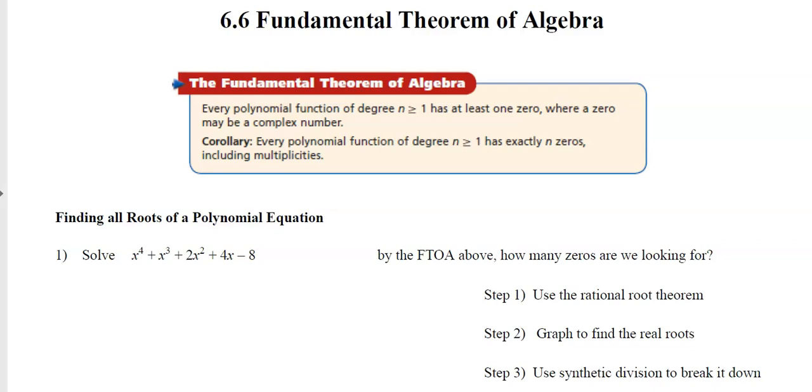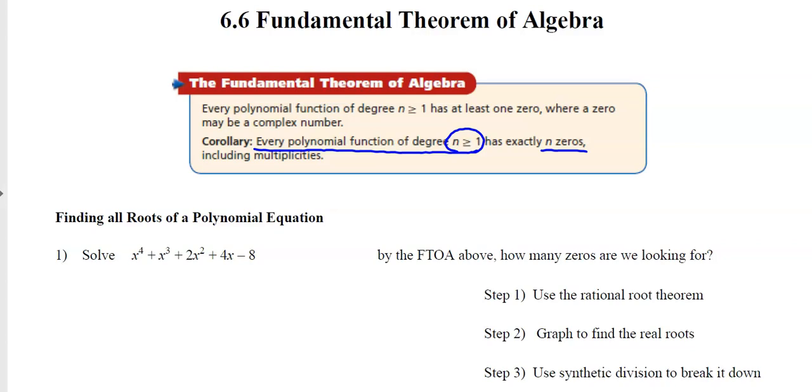The Fundamental Theorem of Algebra. Basically, the main thing is this corollary: every polynomial that has a degree greater than or equal to 1 has exactly n zeros, including multiplicities. That means duplicates.